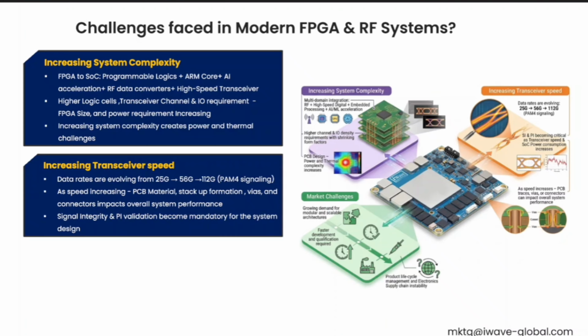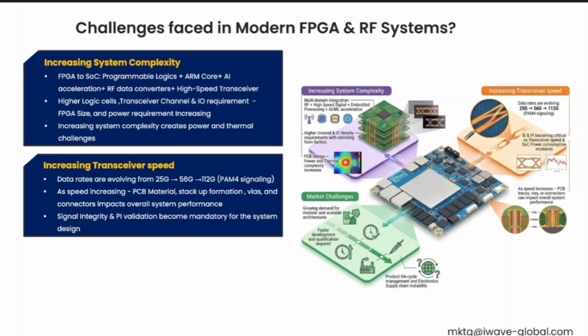Second, in earlier low-speed system design, the connector merely acted as an interconnect used to connect from one layer to another. But as the speed increases, the data rate moves from 56G to 112G PAM4.